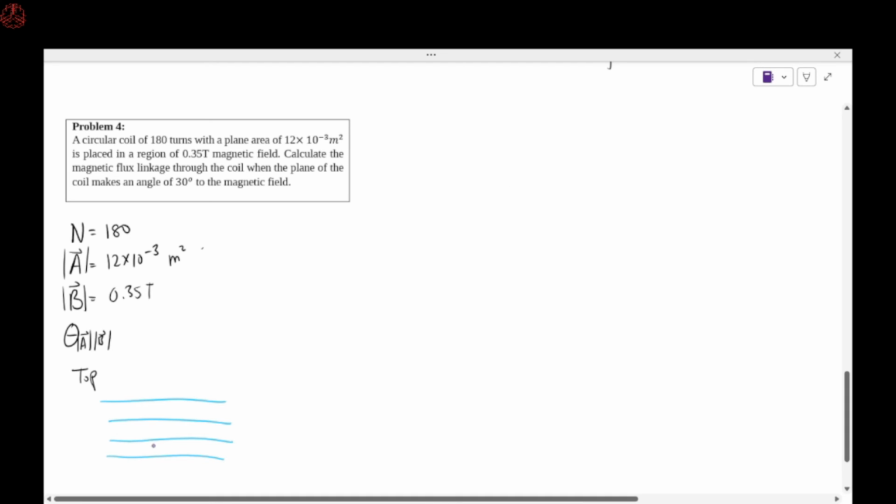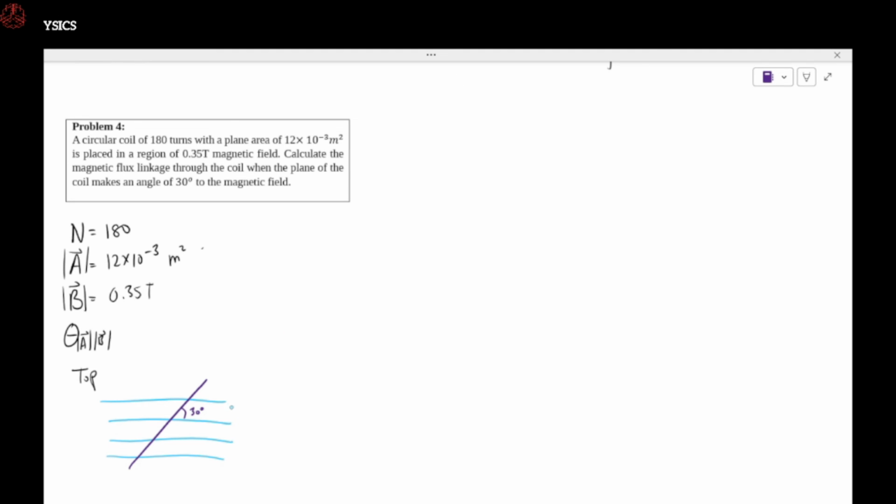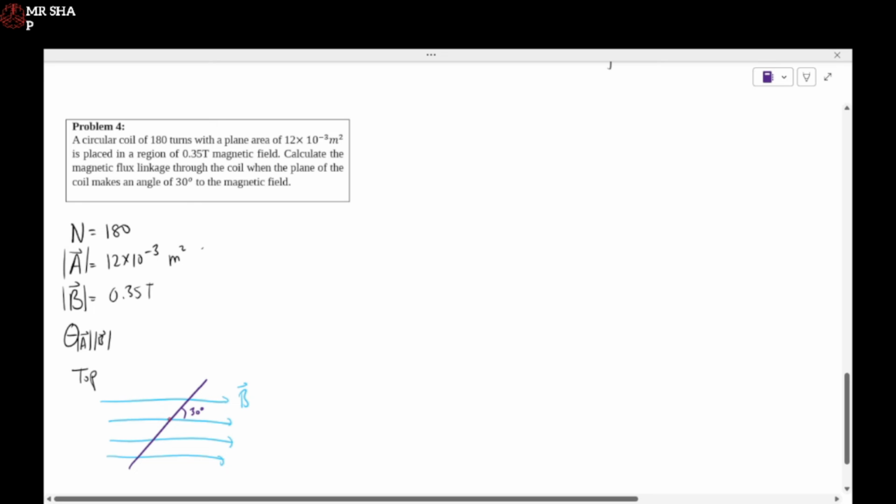So I have my plane 30 degrees from the magnetic field lines. So the blue one is my magnetic field lines, and the purple is my plane. You have to remember that the area vector is perpendicular to the plane. So this is my area vector.